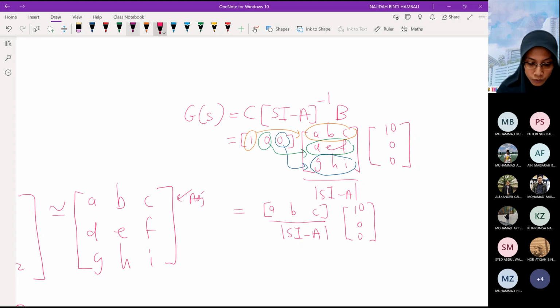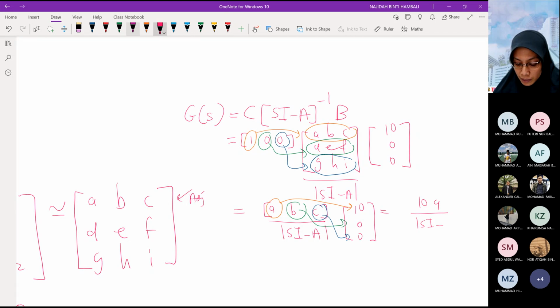Okay, now we want to settle down the adjoint matrix A, B, C with matrix B. So our transfer function ialah 10A divided by the determinant of sI minus A. Dan kat sini barulah you plug in nilai yang sebenar.